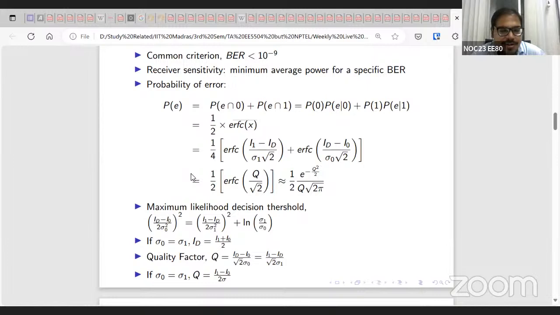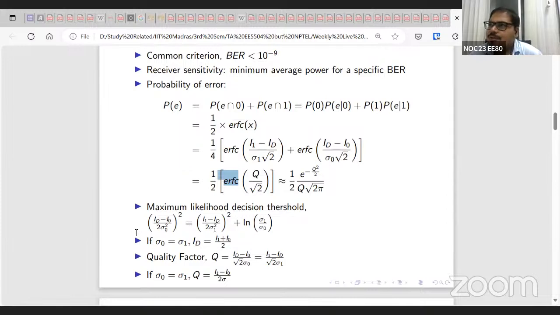It will simplify to this expression. And for large values of Q, you can also approximate using this expression. But you can find these complementary error function values, which are tabulated.